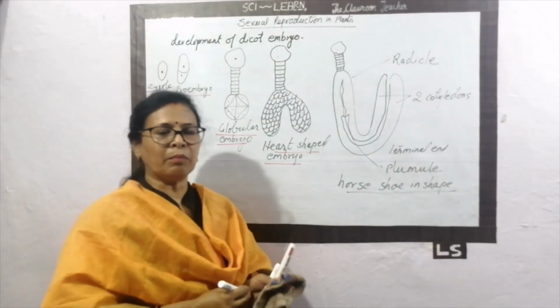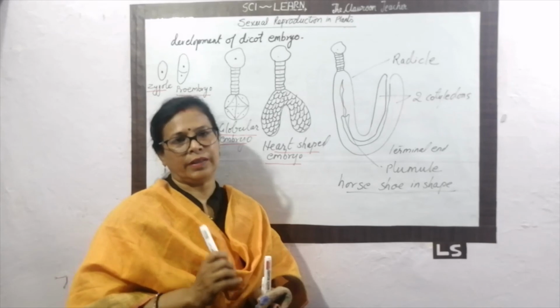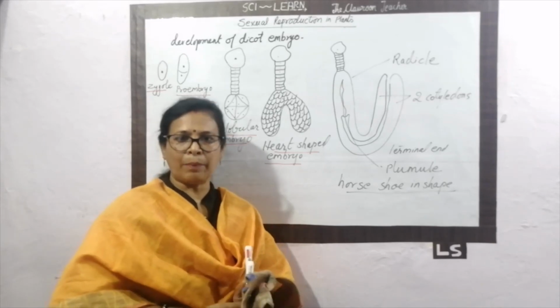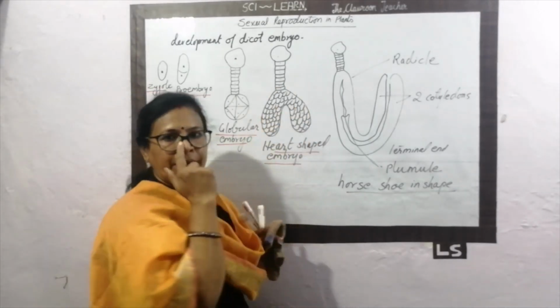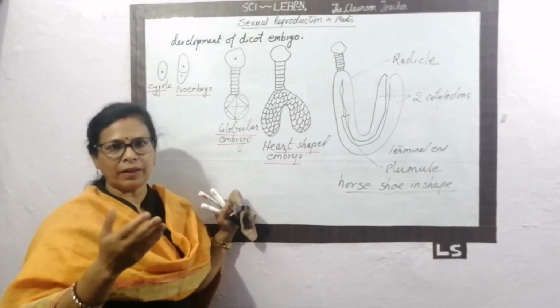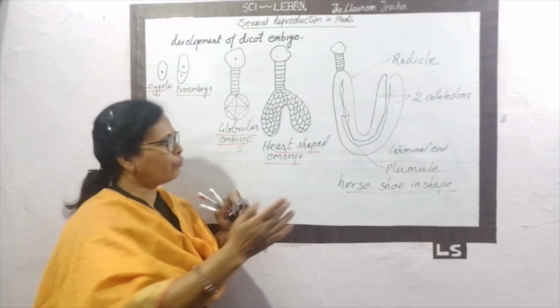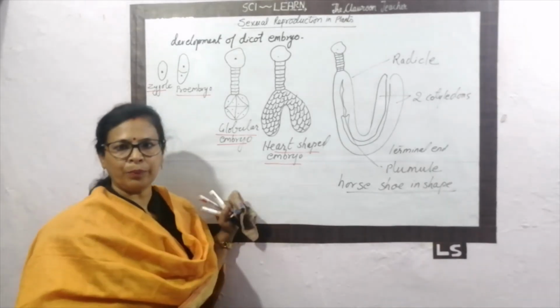This is the complete development of the dicotyledon embryo. So what happened in the dicotyledon embryo? The upper tier and lower tier divide in several planes again and again and form the heart-shaped embryo.